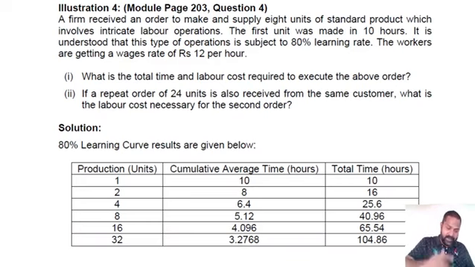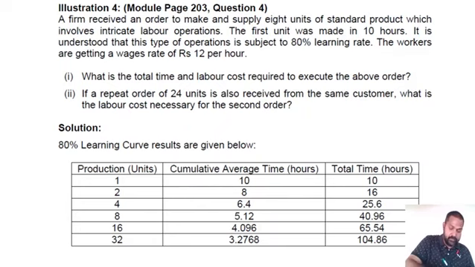So let me write that down. Time for the first unit is 10 hours, and learning is 80%.